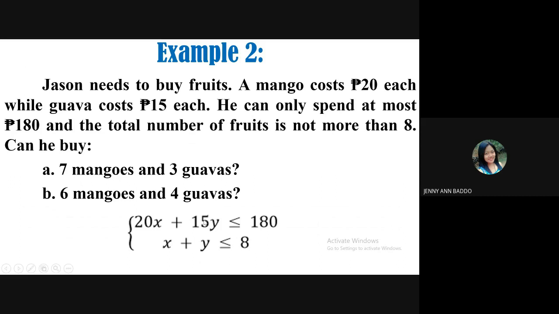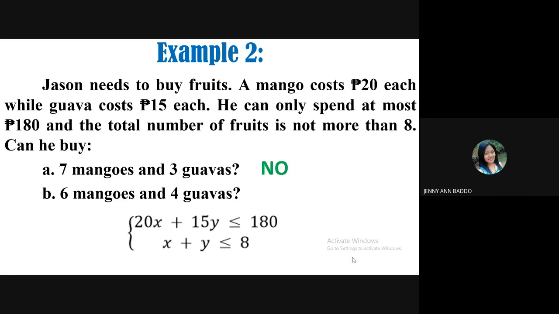Since 185 is not less than or equal to 180, the answer here is no. Also, if we substitute 7 and 3 to the second inequality, x plus y is less than or equal to 8, we have 7 plus 3, that's 10, is less than or equal to 8? Again, the answer is no to the second linear inequality.